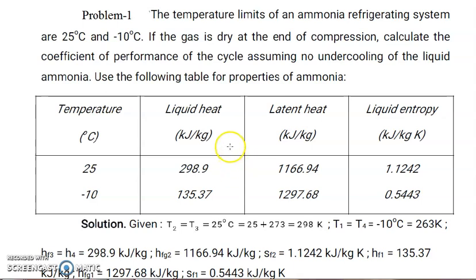Second thing, whenever you are going to solve a problem, first you have to confirm which type this problem belongs to. In the theory class, we have completed the 5 types of vapor compression cycle.